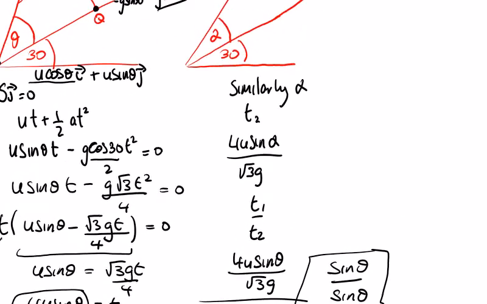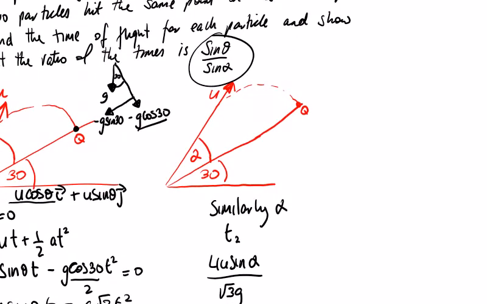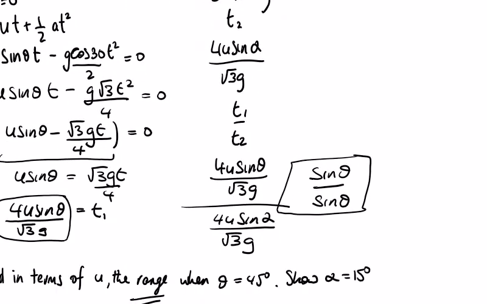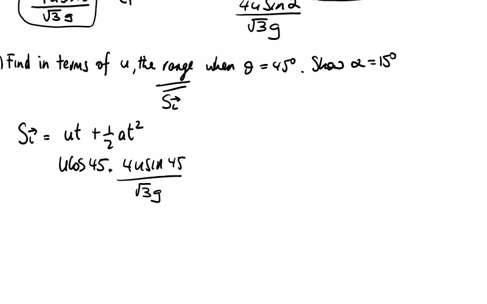And the acceleration in the i direction we had earlier was g sine 30, so minus g sine 30 over 2 times t squared, which is 4u sine 45 over root 3g squared.